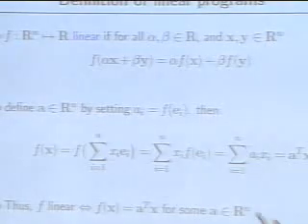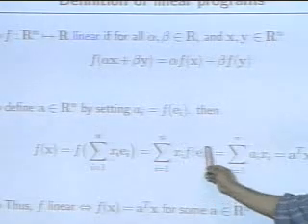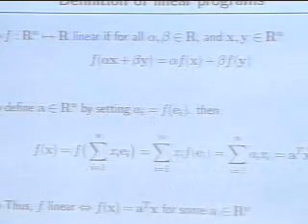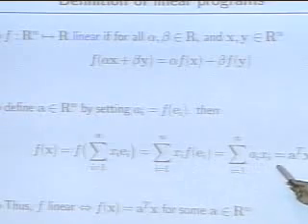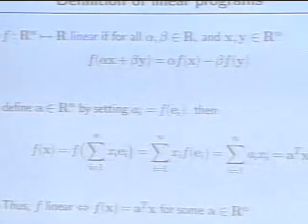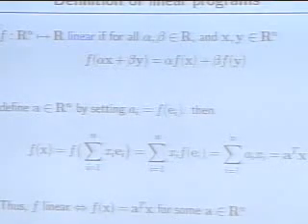Now I'm going to define that this number, whatever it is, let that be ai. Then this summation becomes ai times xi, which is the same thing as A transpose x. So this is something to keep in mind: if somebody calls a function linear, you should immediately think that it looks like that, just A transpose x. Okay?